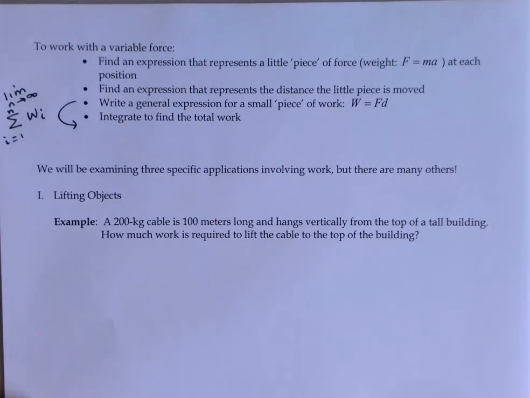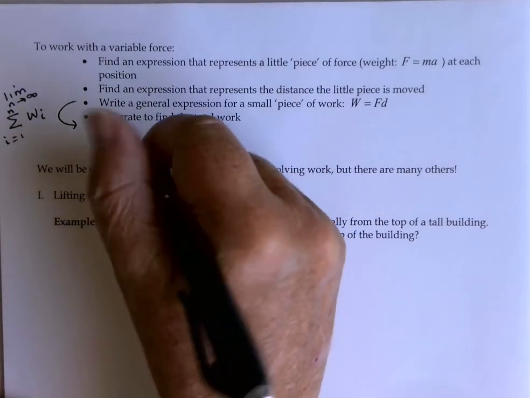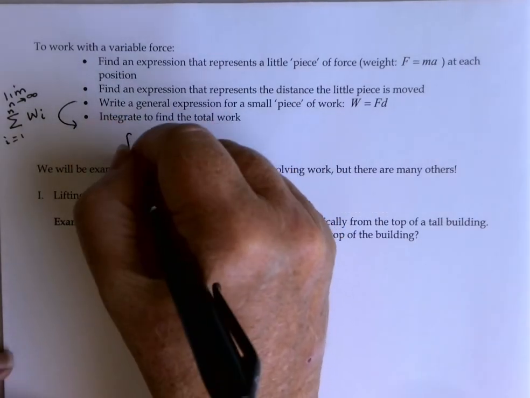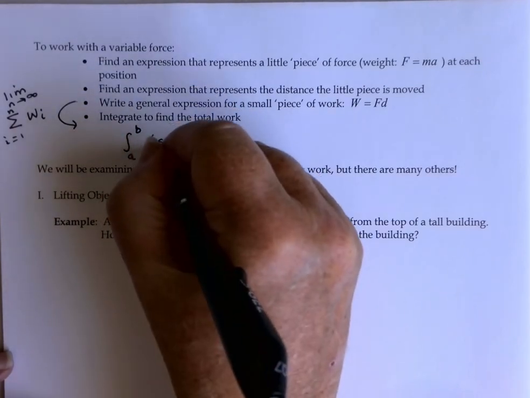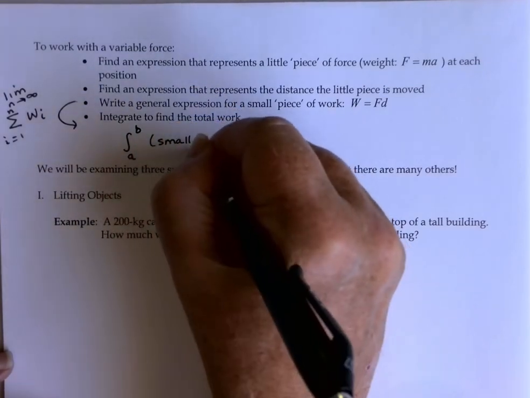That's just the very definition, once again, of the integral. So we actually end up integrating our work expression from, let's just say a to b, the small pieces of work.